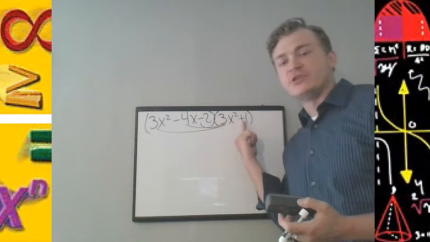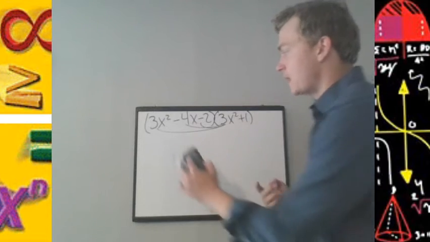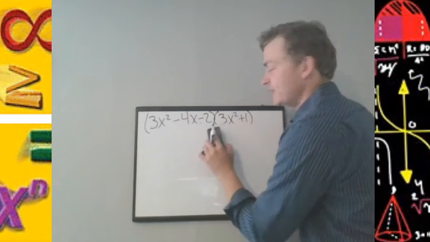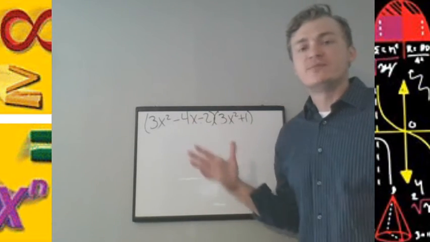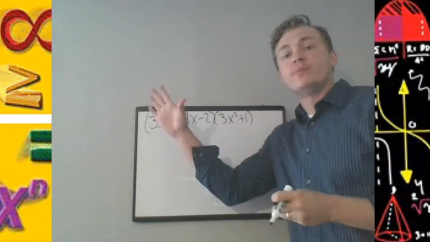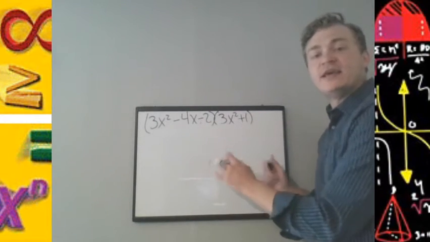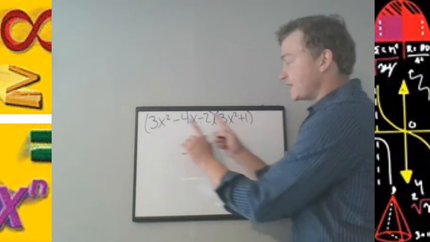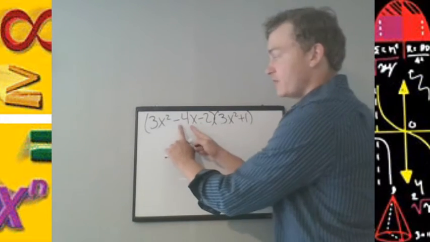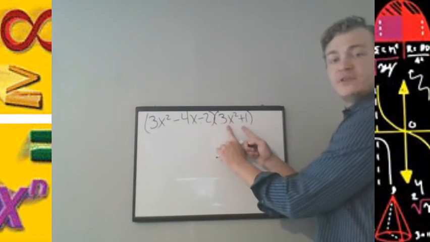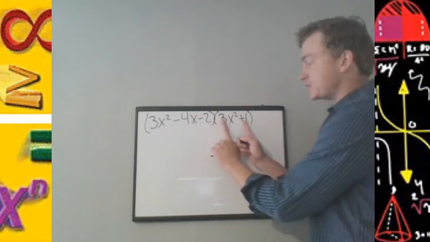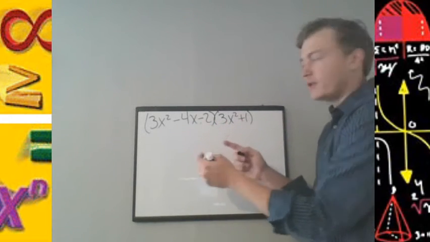You also have this. You can just distribute on this side. At the end of the day, all of the terms have to multiply together from one polynomial to the next. So leaving it here, this term has to multiply both of these terms. This term has to multiply both of these terms. This term has to multiply both of these terms. Let's just go with that.